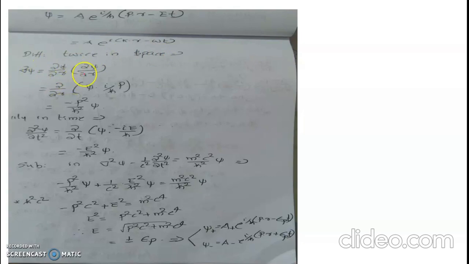Now differentiating this equation twice in space to obtain del square psi, that is ∂/∂r of ∂psi/∂r. It will be the derivative of this with respect to position.